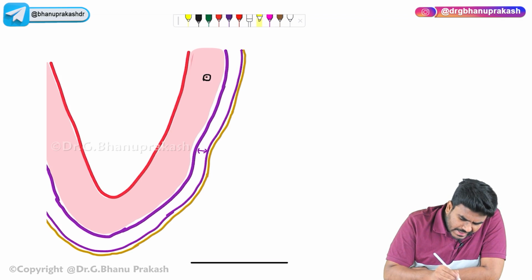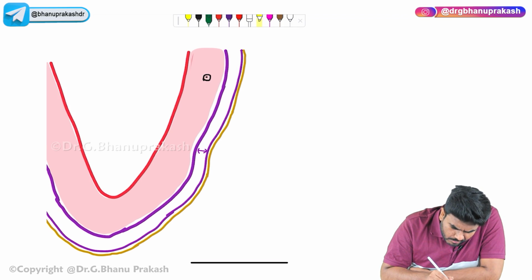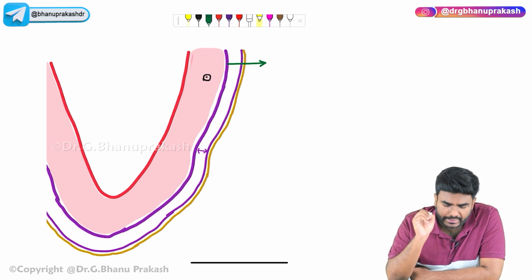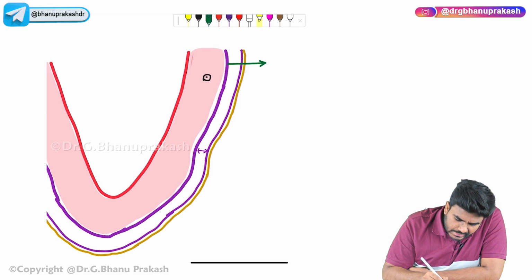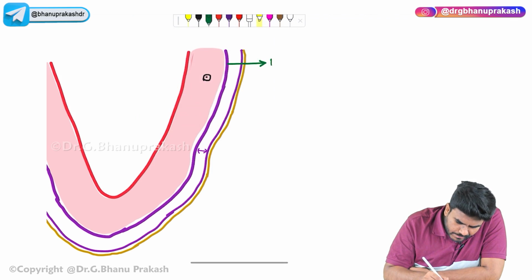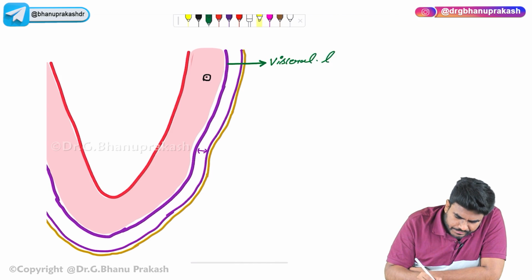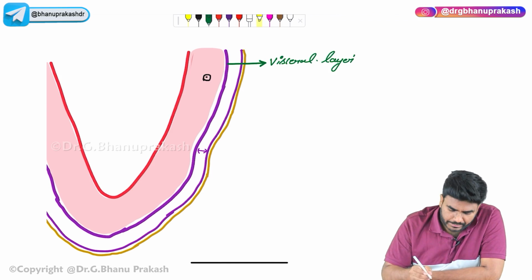Now, what exactly is this serous layer? Whatever I am pointing right now is called the visceral pericardium, that's the visceral layer of the serous pericardium.